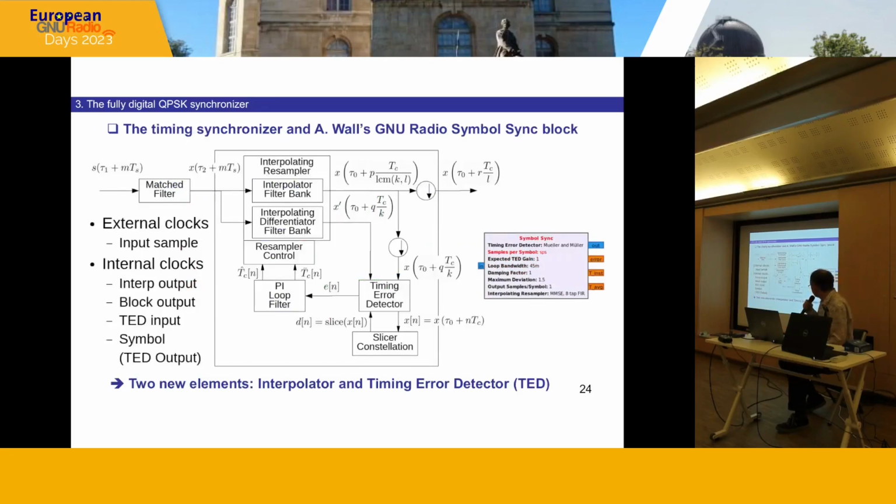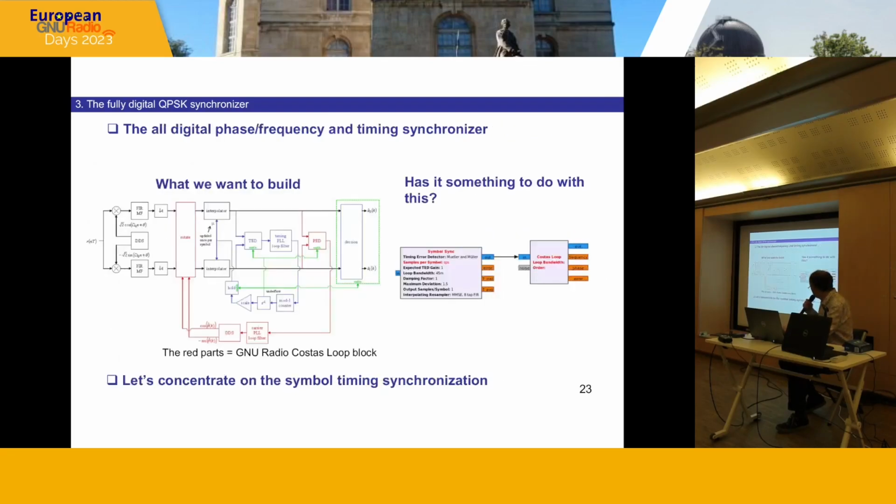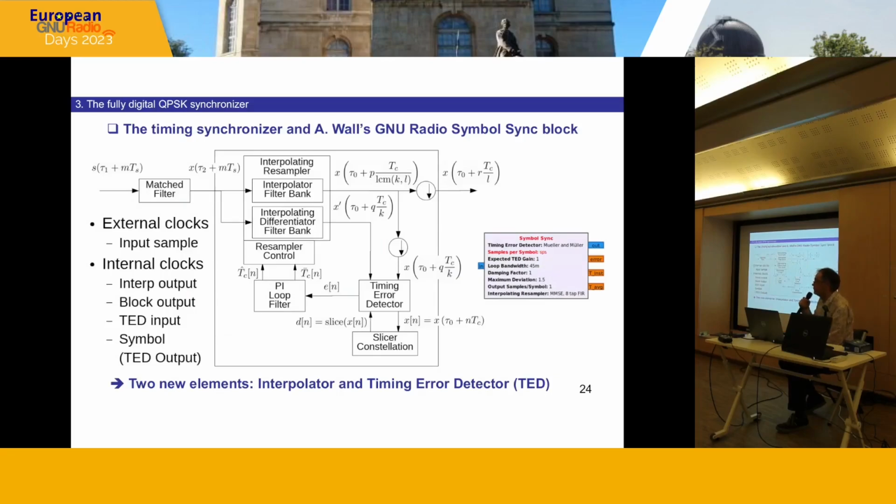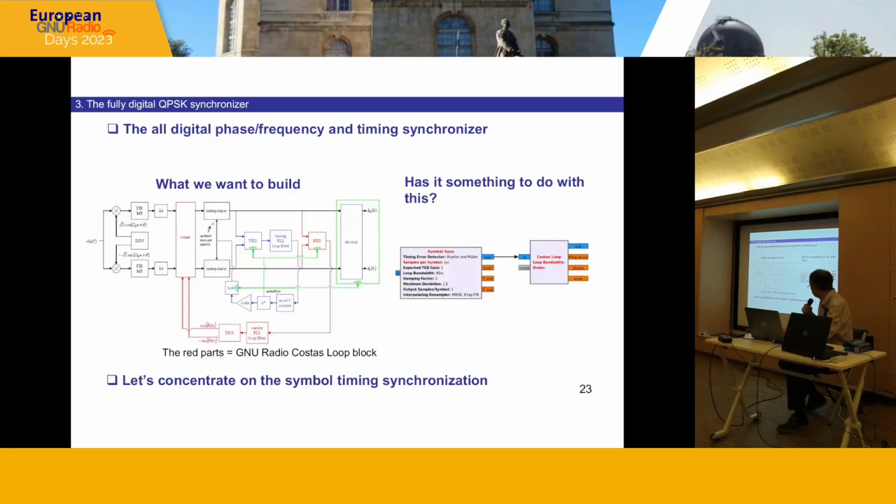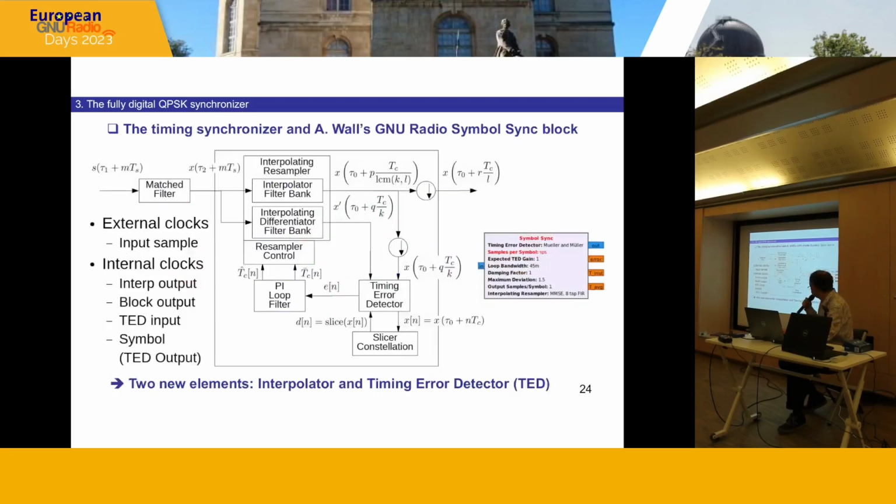In fact, I'm not going to talk about the Costas loop. I'm going to talk only about the symbol sync, because a lot of people have asked me for that since this morning. So I used Andy Walls' GNU Radio design block, and that was in 2017 for GRCon. He designed something that's almost the same as you can see on the left, just for the timing part.